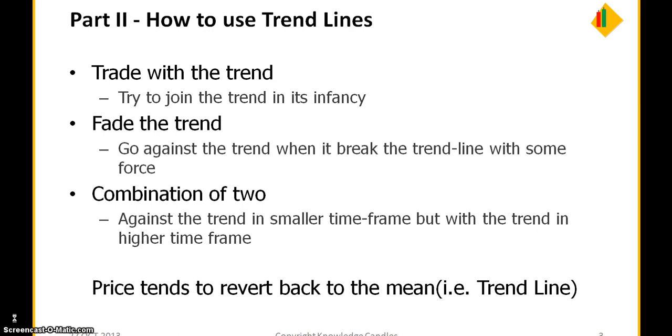Okay, so if it is trending upward on the hourly, then you look for an upward trend on 5 or 15 minutes and then fade the trend on the smaller time frame to join the trend on the bigger time frame. So it's a combination of the two strategies. Anyway, we will look at these with some illustrations of price charts. Let me draw my drawing tool.